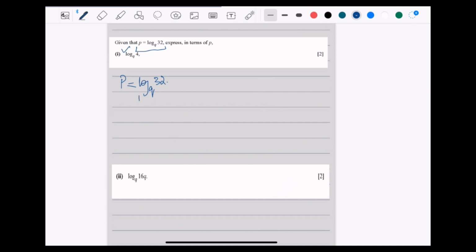Now 32 and 4 don't interact directly, but they do interact because 4 is 2 squared and 32 is 2 to the power 5. So if I convert both numbers into a power where they can meet each other, I can say log q of 4 is the same as log q of 2 squared, and 2 times log q of 2.